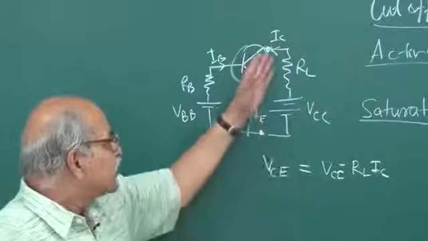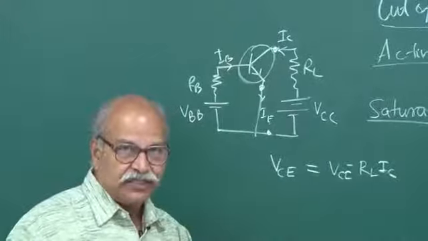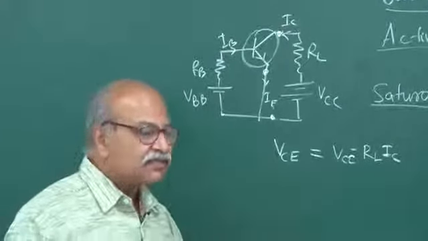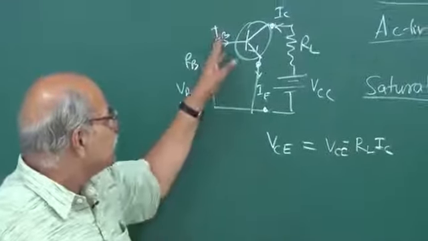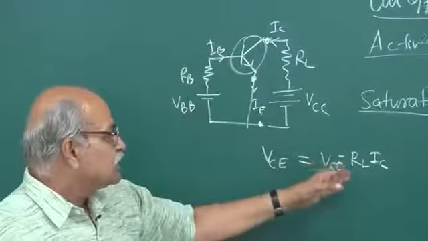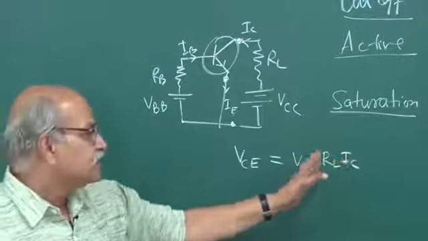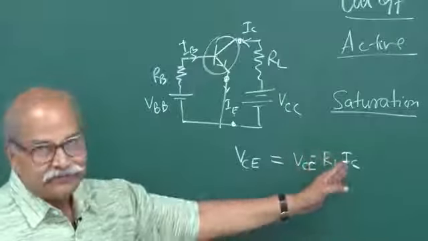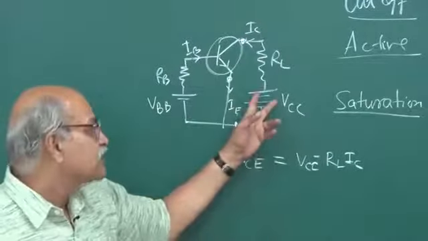And if reverse bias voltage decreases, the strength with which it is attracting these electrons decreases, and there could be a situation, if you are increasing IB, that this IC is now so large that this thing is close to 0, and in that case your reverse biasing is gone, although the same battery is there.